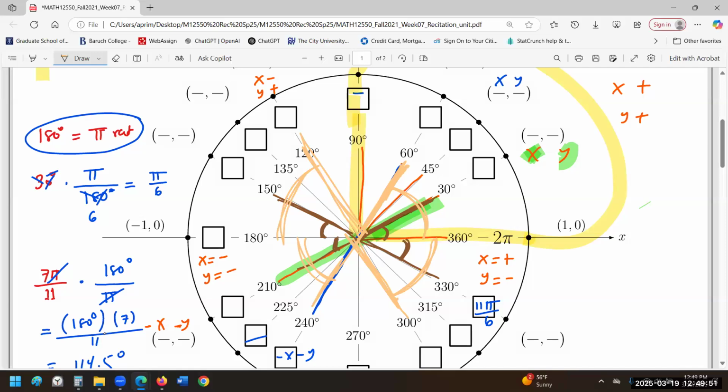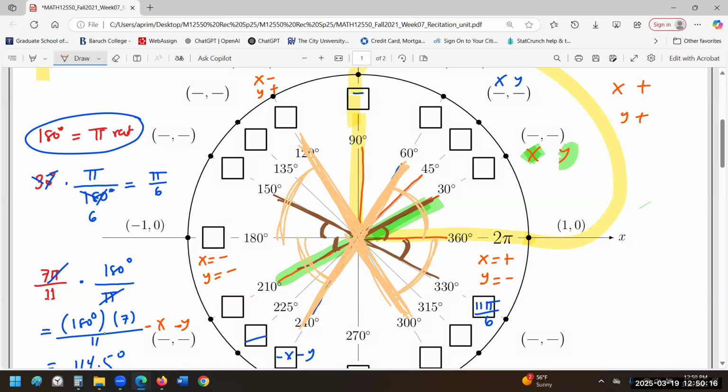So if you know one x and y for 60 degree, you know how much it is for the second quadrant, the third quadrant, and the fourth quadrant. The second and fourth quadrants have a straight connection. First and third quadrants have a straight connection. That's why people love the unit circle, because it's cool.